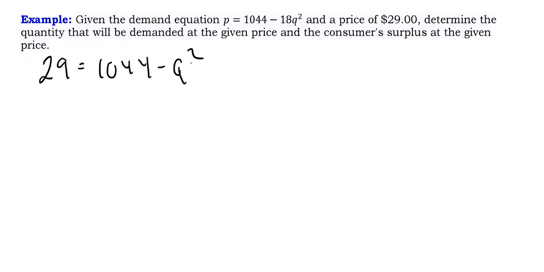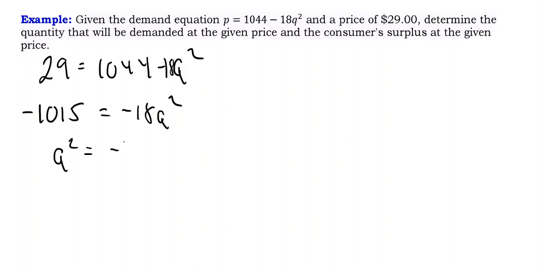And subtracting 1,044 to the other side, we're going to have 1,015 equals negative 18Q squared, or Q squared is going to be equal to negative 1015 divided by negative 18.